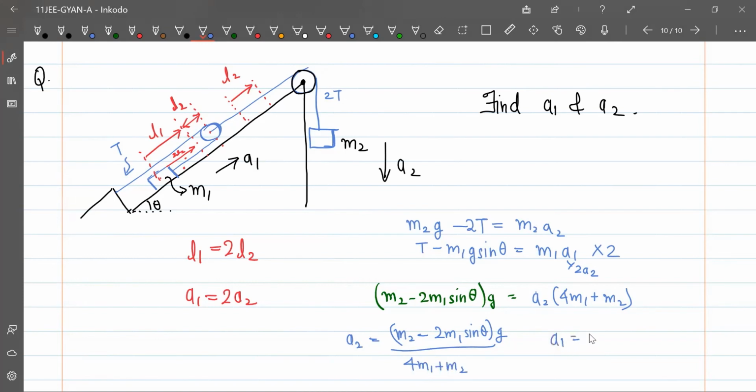Or A1 equals to twice of A2, so that would be 2 M2 minus twice of M1 divided by 4M1 plus M2 into G. इससे का ये आंसर आया है क्या? हाँ See, सर. okay. See, elimination method use करना is much better than substitution. यहाँ पे टेंशन सीधे एलिमिनेट किया तो एक्सेलरेशन आ जाएगा.